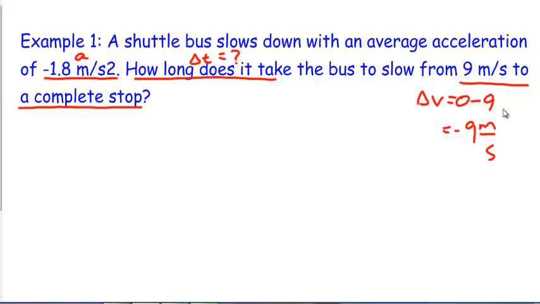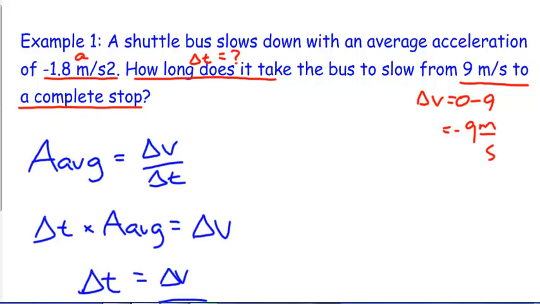So it says it comes to a complete stop, so the final velocity is 0 minus the initial velocity, which is 9, so 0 minus 9 is negative 9 meters per second. It's important that I don't just say 9 meters per second because I have to find the change in velocity. And again, I'm going to take my final minus my initial, so 0 minus 9 is how I get that.